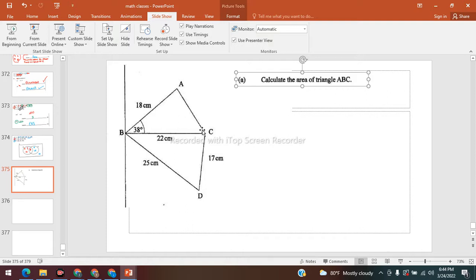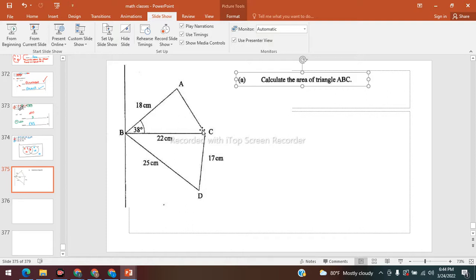How would we do that? So area is going to be equal to what?